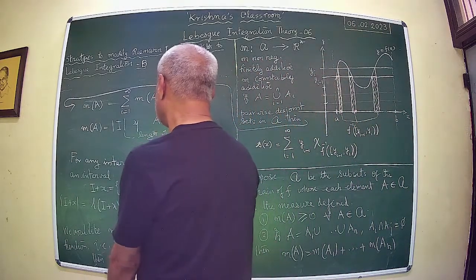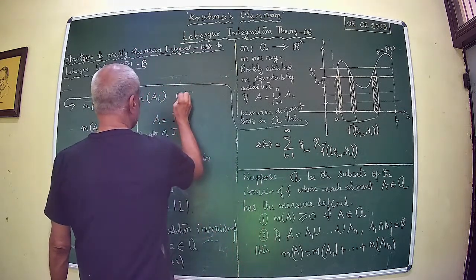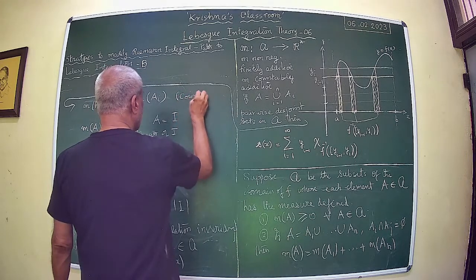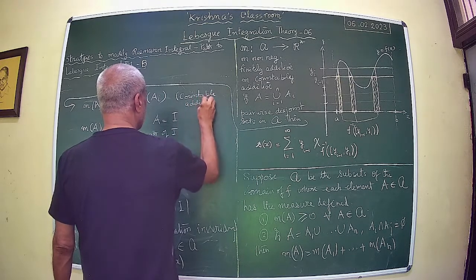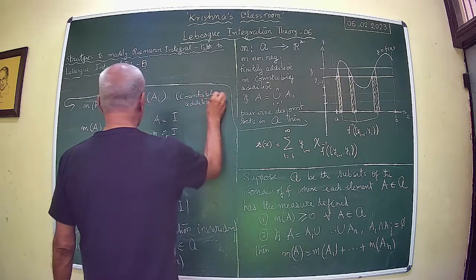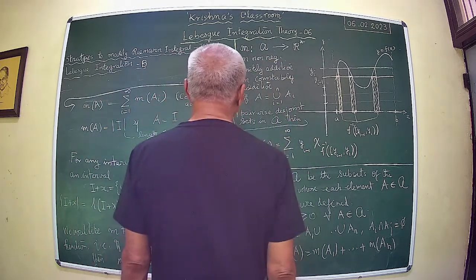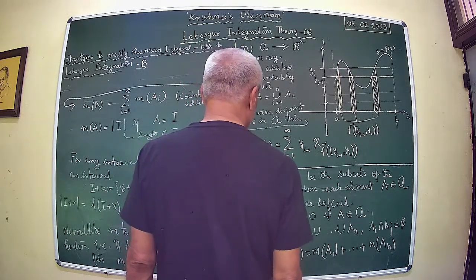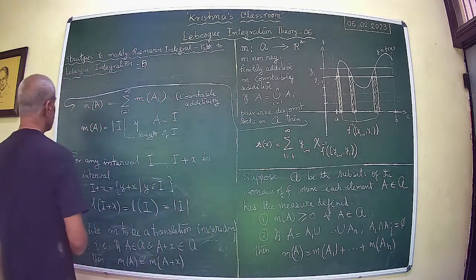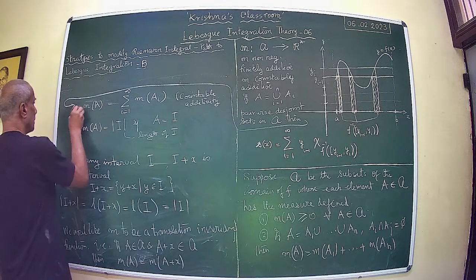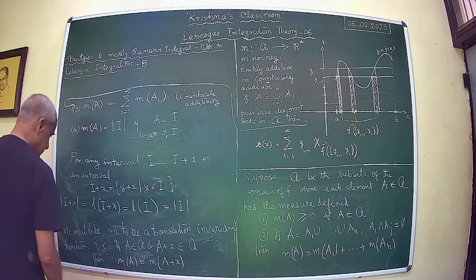So this is what is called the countable additive property, then the fifth law.